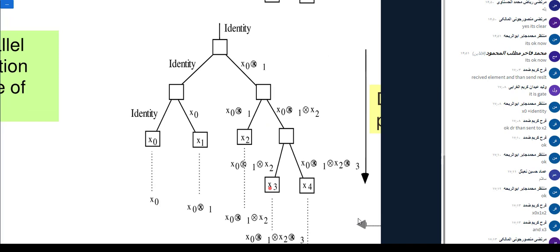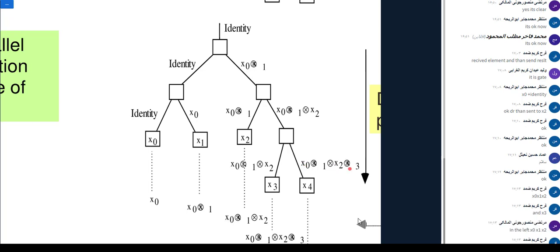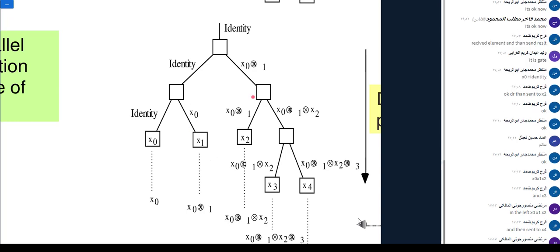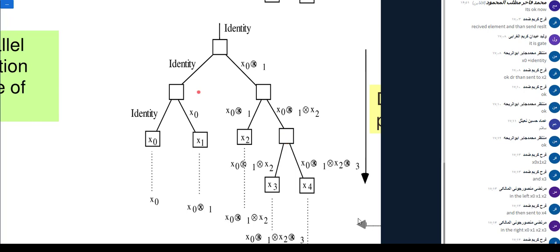X3. What is received from the parent? X0, X1, X2. The combination of X0, X1, X2, and X3 is moved to right. Okay? So now all of the inner nodes, the non-leaf nodes, have received their own final result.